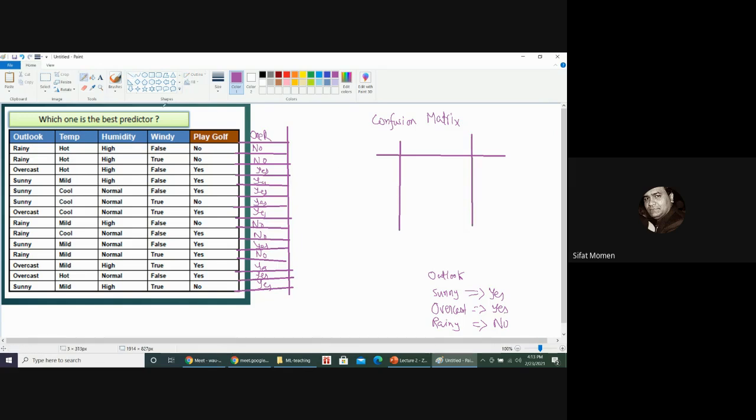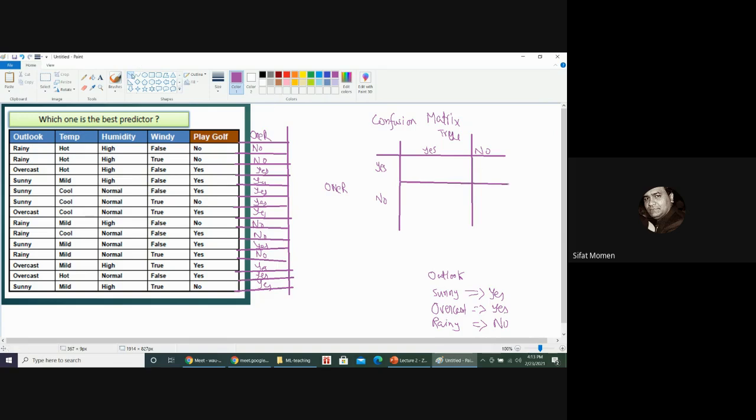I'm going to write the model here. The model we have is OneR. The OneR model can predict either yes or no. This is the true value, which could be yes or no. Correct? Clear?